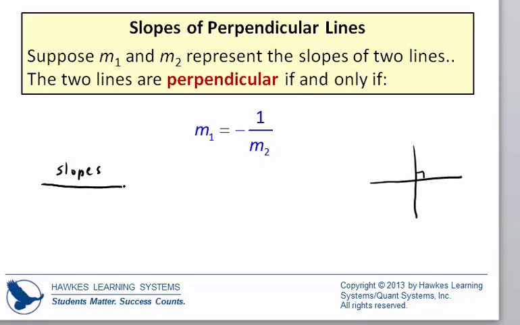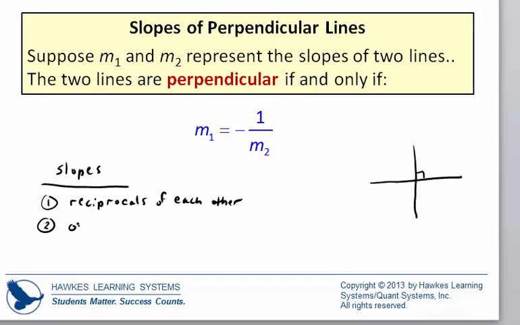The slopes need to be reciprocals of each other, which is what they're saying by saying M1 is equal to 1 over M2. So you need to have a reciprocal relationship between your slopes.